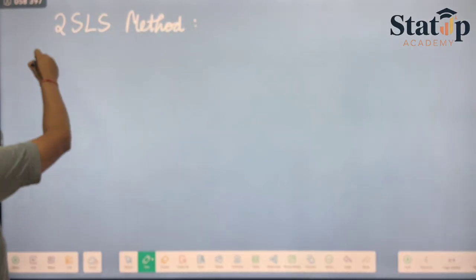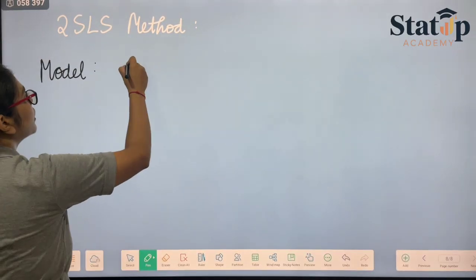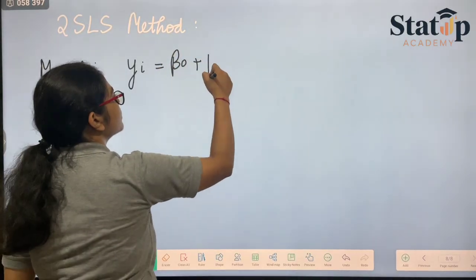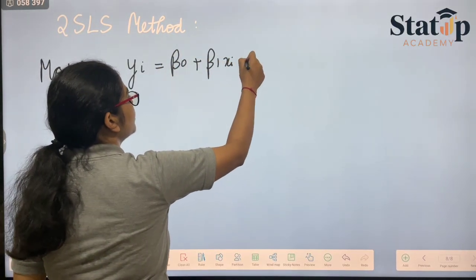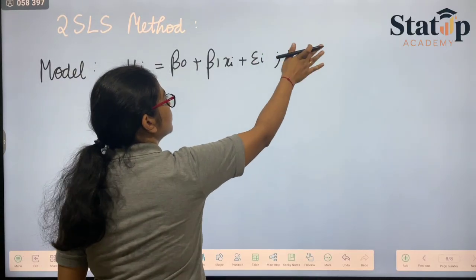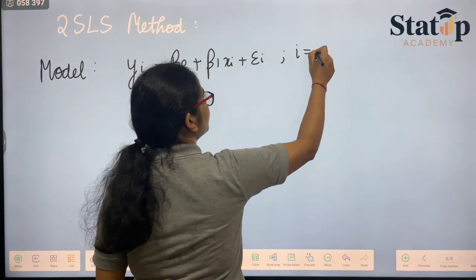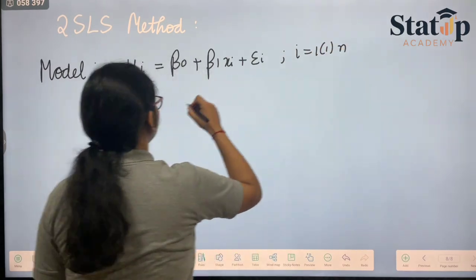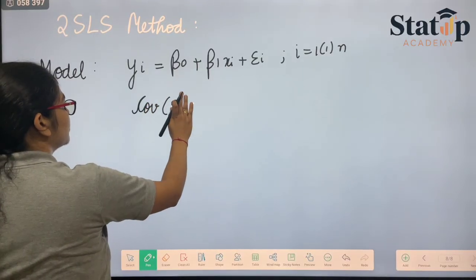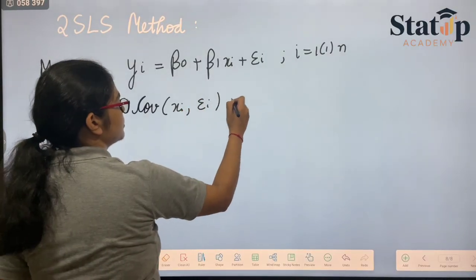So what happens is, if our model is given as yi equals β0 plus β1 xi plus εi for all i goes from 1 to n, and we know that covariance between xi and εi is not equal to 0.